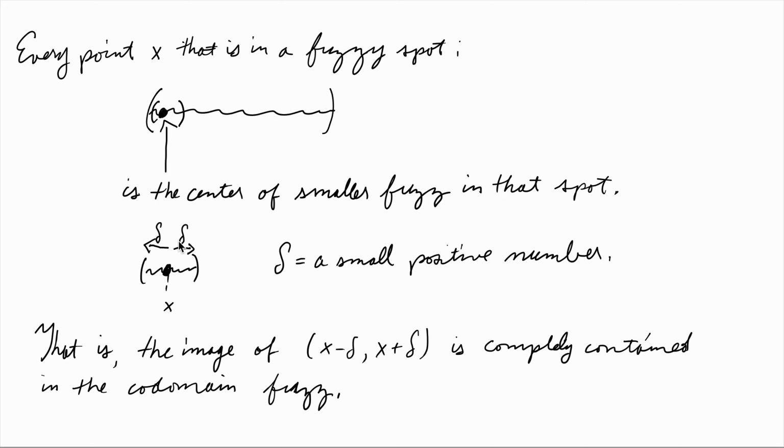So if we go off a particular distance that way and that way, I'm going to use a Greek letter, delta, lowercase delta, and we're going to let it be a small positive number going this way or that way. So what we want is the image of this guy right here, x minus delta, x plus delta, to be completely contained in the codomain fuzz. So we just need delta to be small enough.